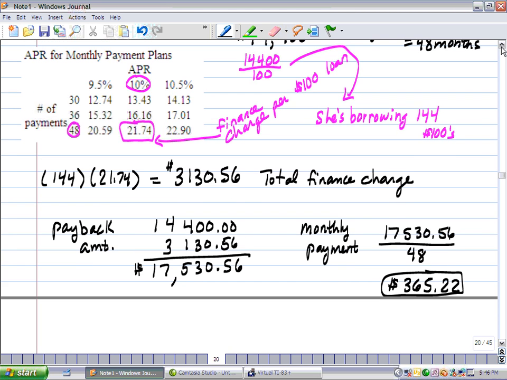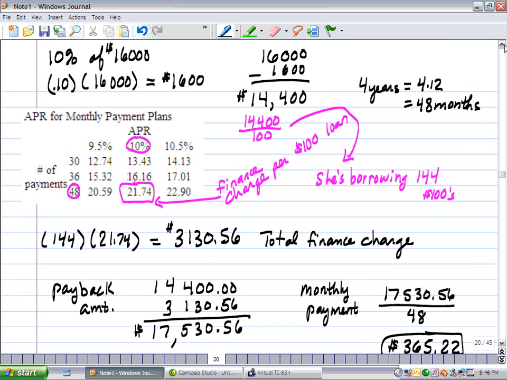So let me briefly go over those steps again. First of all, we took the total price, which was $16,000. We found the percentage of the down payment to find out what her down payment was. Sometimes you know the percentage, sometimes there's a required percentage, sometimes you just may have a certain amount of money.